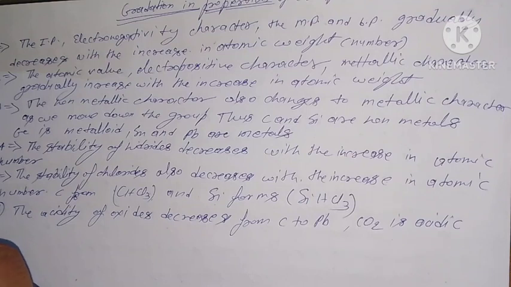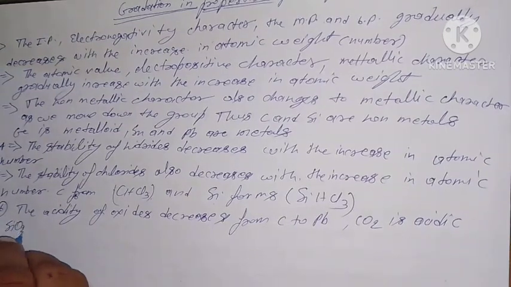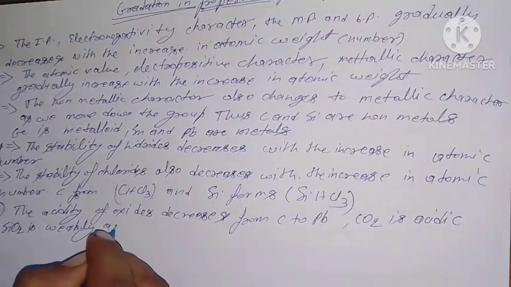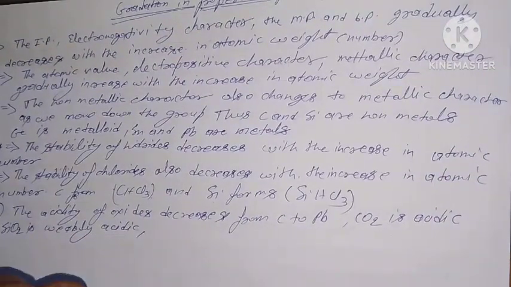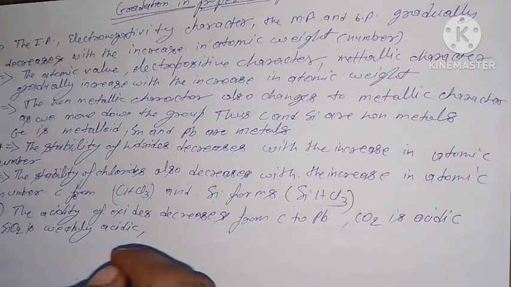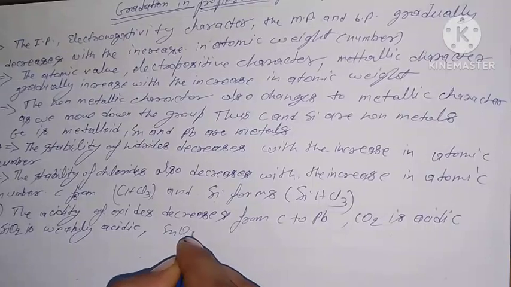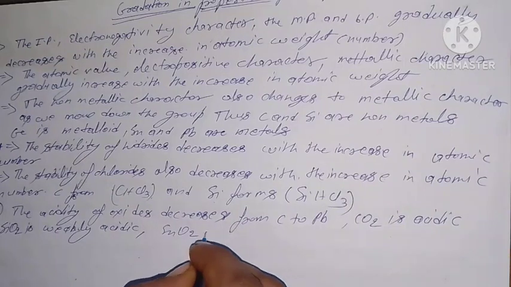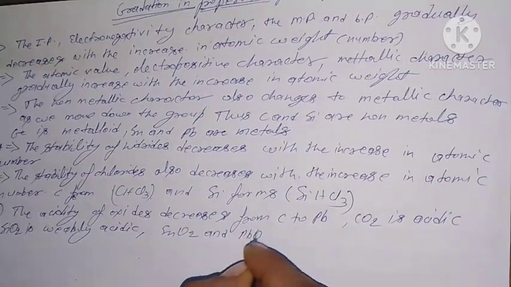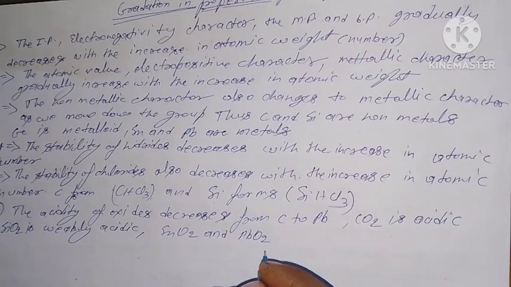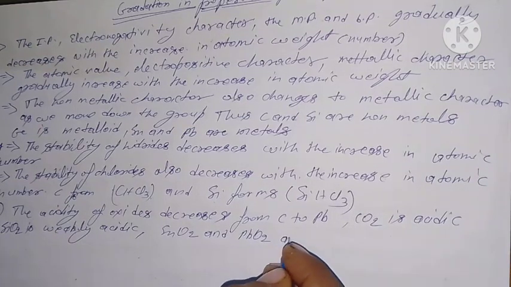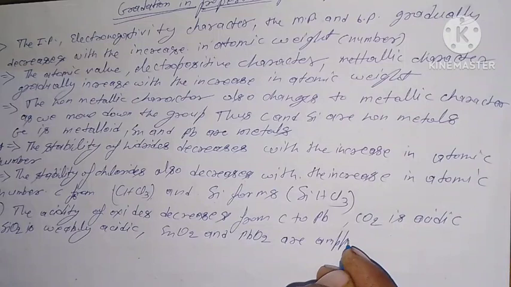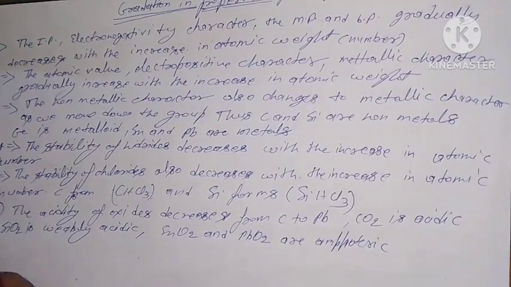Silicon dioxide is weakly acidic. SnO2, tin oxide, and lead dioxide, PbO2, are amphoteric.